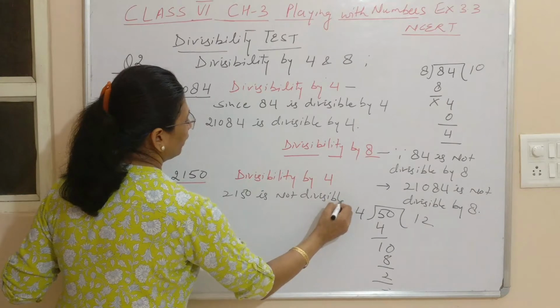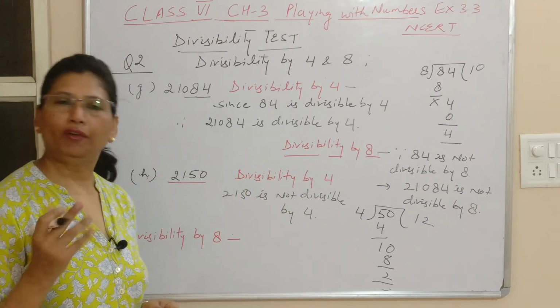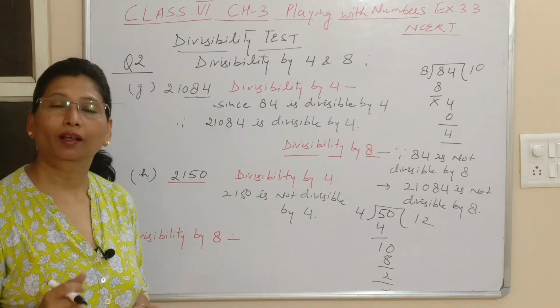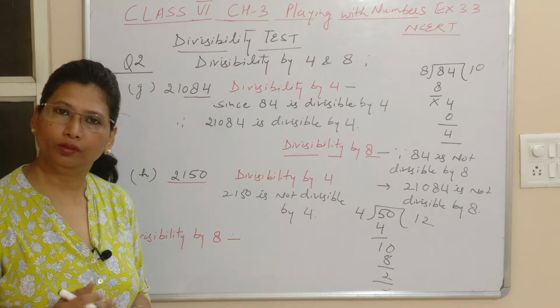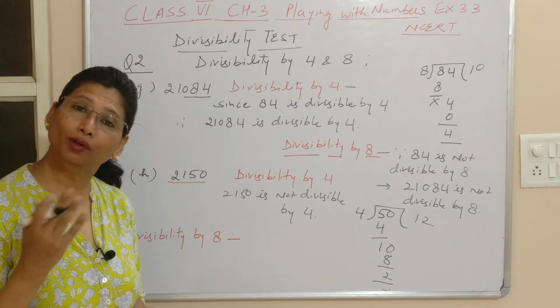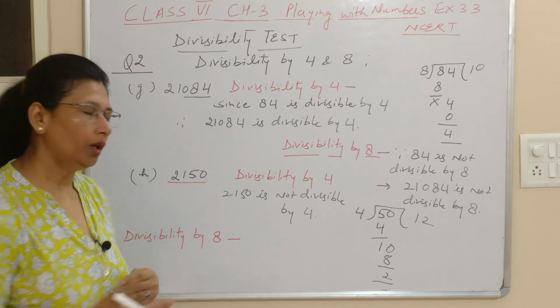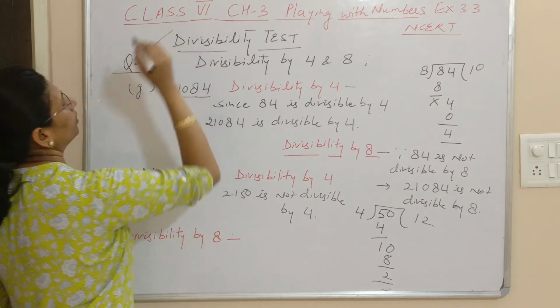As far as the divisibility by 8 is concerned, one thing is for sure. If it is not divisible by 4, how can it be divisible by 8? For example, if a number is not divisible by 2, how can it be divisible by 4? Isn't it? Because 4 is a multiple of 8. But still, you can show it by taking the number, because we are using the divisibility test.